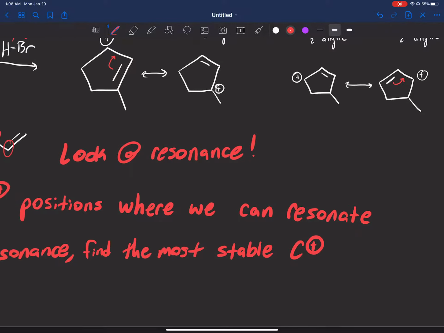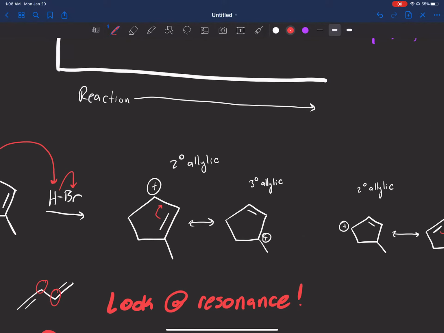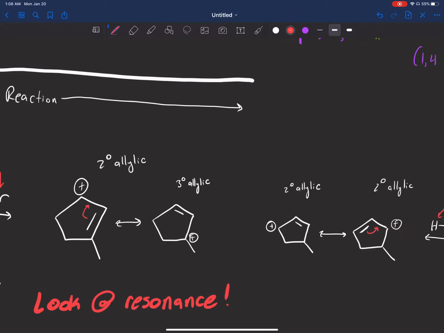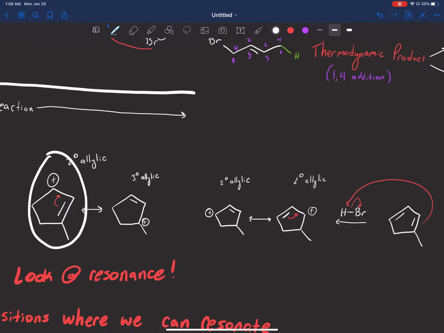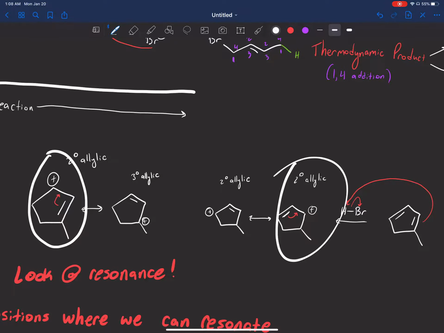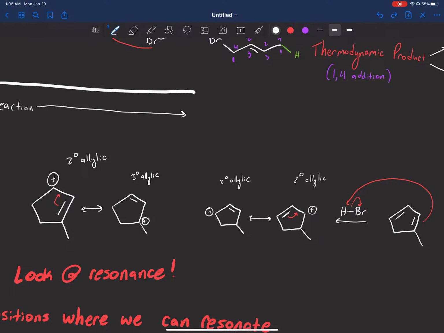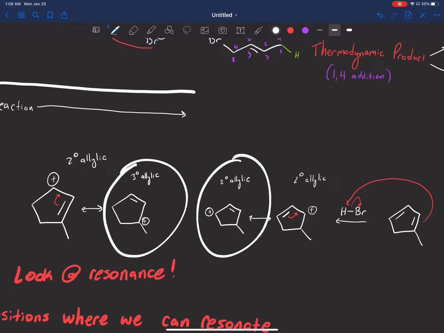All right. So in this case, we found our two structures where the carbocations can resonate. The original structures were this guy and this guy, both secondary allylic. What we now do is look at resonance, and you see that we created a tertiary allylic, and this guy stayed secondary allylic.